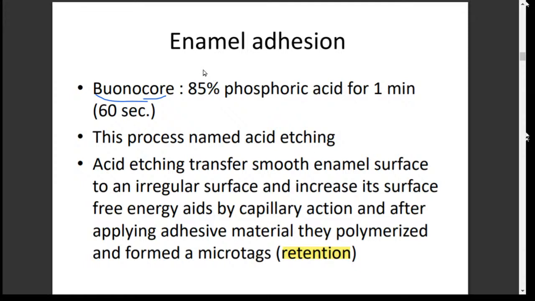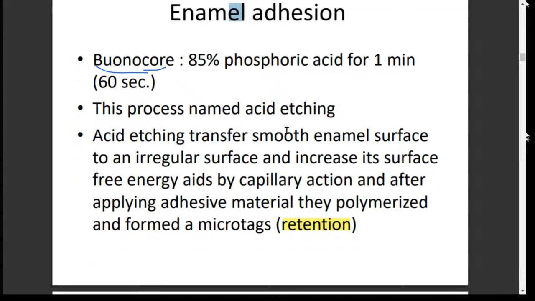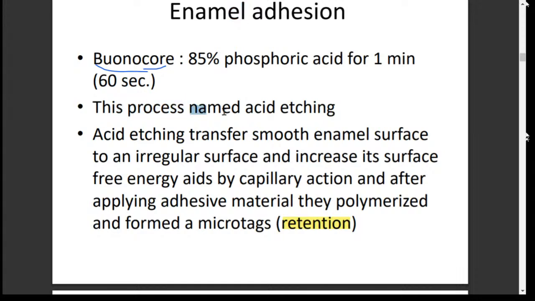Next slide, the enamel adhesion. Buonocore used 85% phosphoric acid as an etching agent for enamel adhesion.